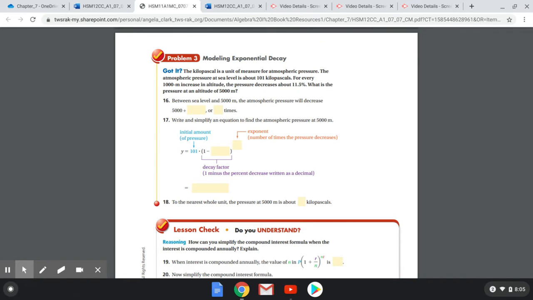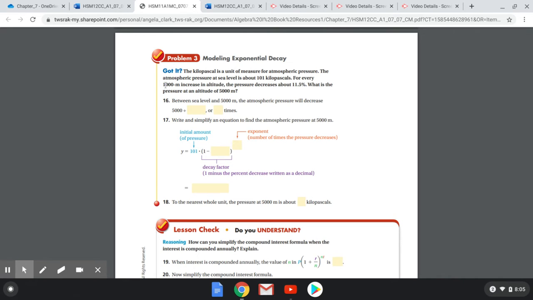When we're using our exponential formula and we're finding b, our multiplier for the exponential function, we're going to do 1 minus the rate. The minus is because it's decay, and the rate is going to go here.